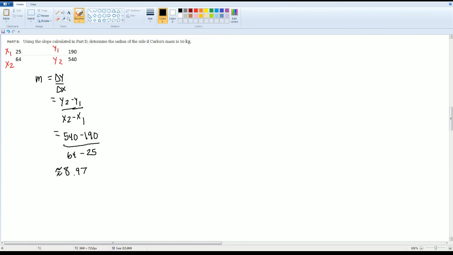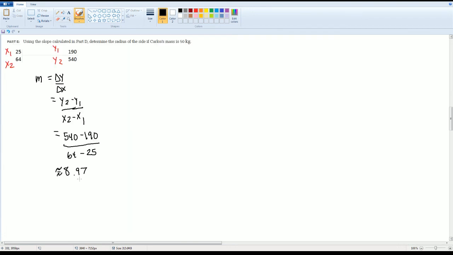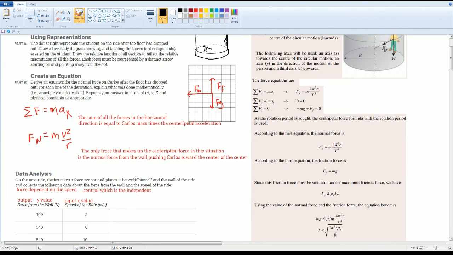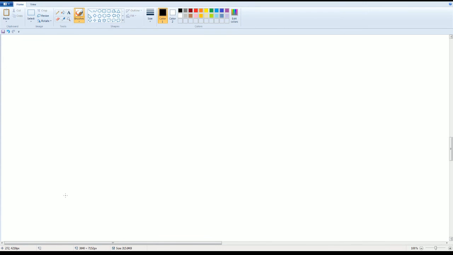Now you're going to determine his radius, okay? All right, so all you have to do to find the radius will be Carlos's mass divided by the radius of the ride. So velocity squared divided by r is going to be it.